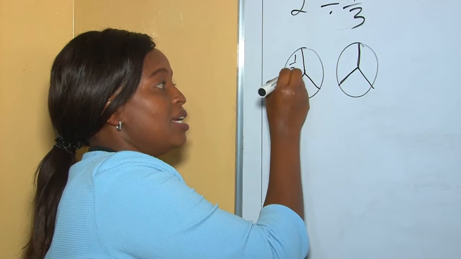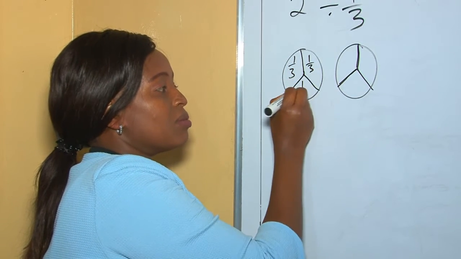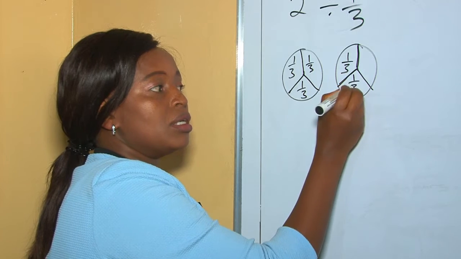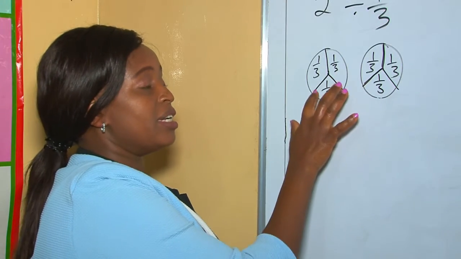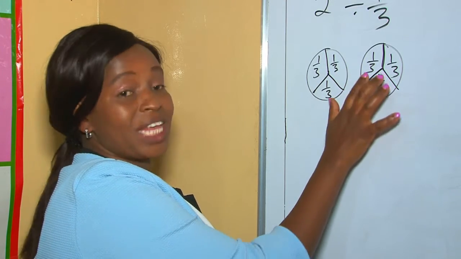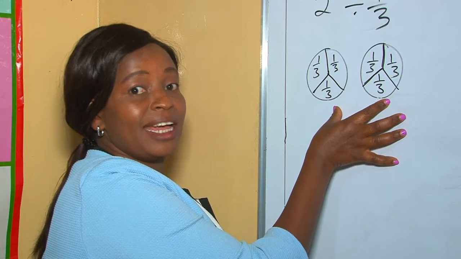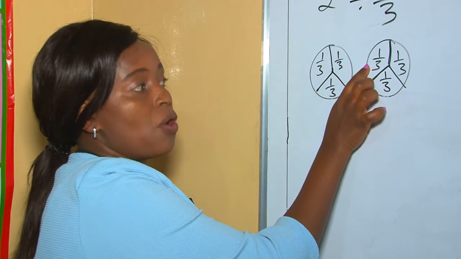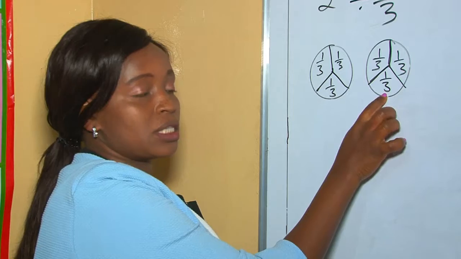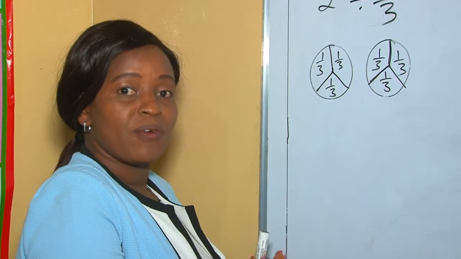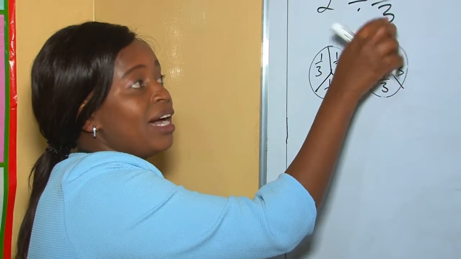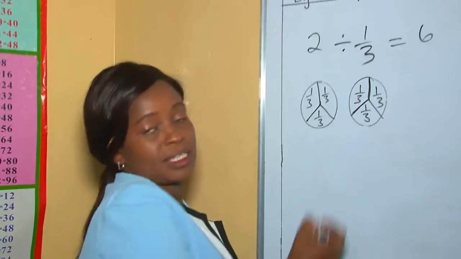This one is a third, another third. We have divided the 2 oranges into thirds. So how many thirds are there? We count 1, 2, 3, 4, 5, 6. In total we have 6 thirds. Therefore, 2 divided by a third is equal to 6.